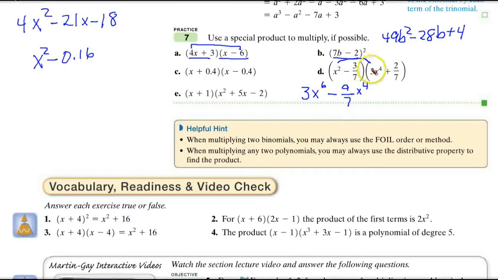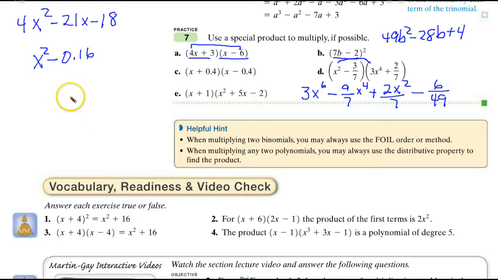Now I did the inners first because I see this one's going to be to the second power. So this is going to be plus 2x squared to the seventh power. And then I do my last, which is going to be a negative. Can I cross cancel anywhere? No. So this is going to be 6/49.